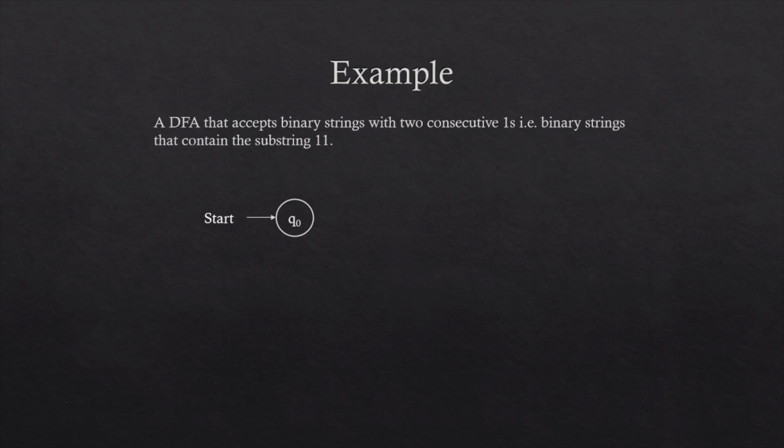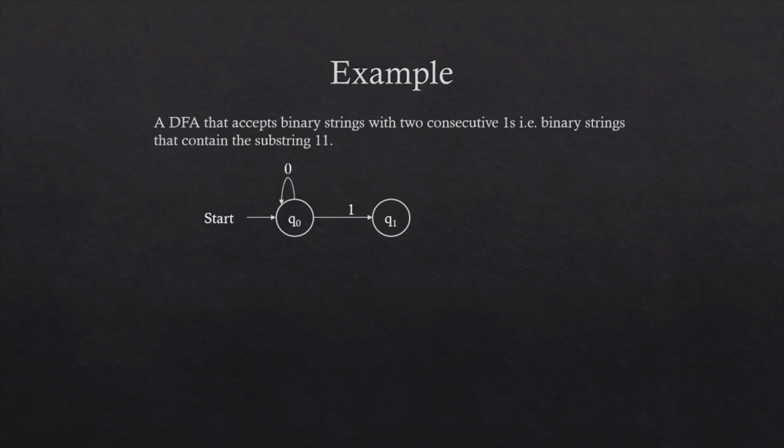This state means that we haven't seen anything and definitely no 1s yet. As long as the next input is 0, it stays in the same state. The automaton moves to state Q1 when the next input symbol is 1. This state means that it saw the first one of the substring 1, 1.